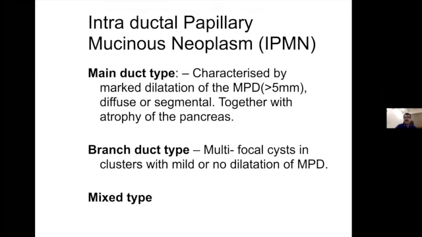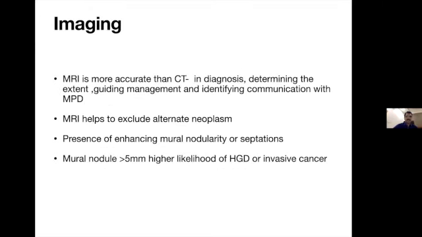And the mixed type, where there is involvement of the branch ducts as well as the main pancreatic duct. If you consider the malignant behavior of intraductal papillary mucinous neoplasm, the main duct type and mixed type behave almost similarly, whereas the branch duct type has a low malignant potential.